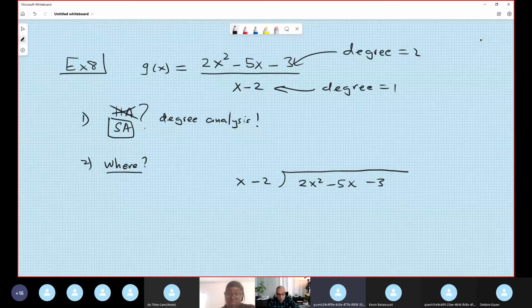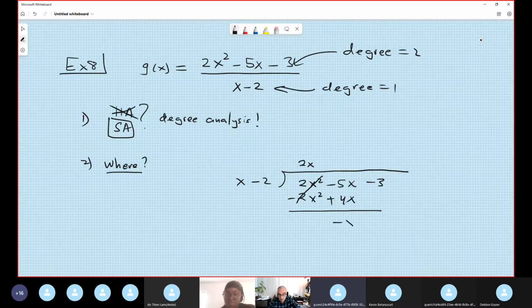So now, long division. You multiply by 2x, because 2x times x is 2x squared. By subtracting, you change the sign. And 2 times 2 is negative 4x, by subtracting you change the sign. As always happens, this cancels out, and this is -x minus 3.